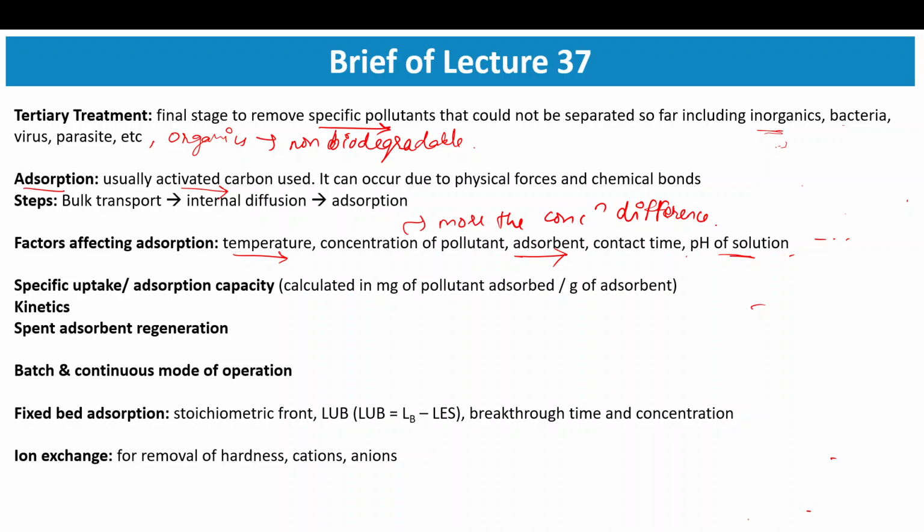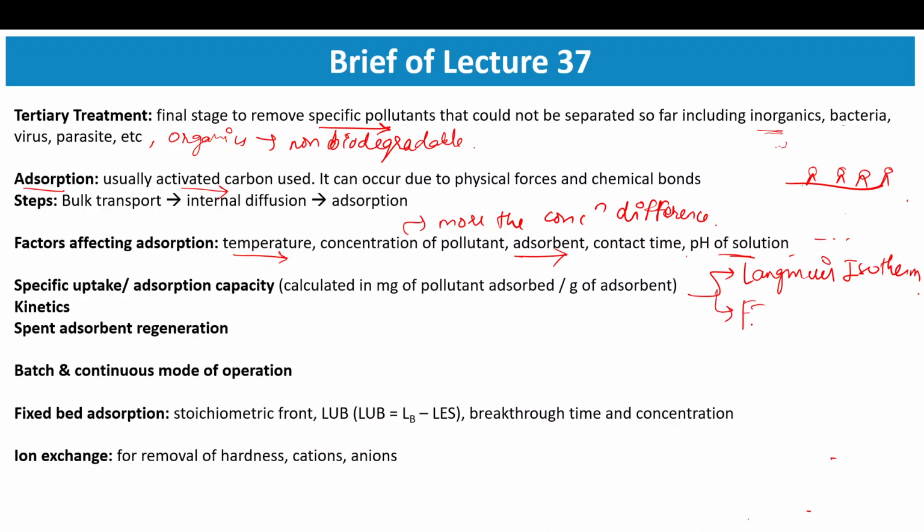This is the adsorption capacity, or the specific uptake, for that particular adsorbent. This is calculated through the isotherm fit, where we use the Langmuir isotherm to calculate the specific uptake, which assumes that on the surface of the adsorbent, which has these active sites, there is a monolayer formation of pollutant, and there exists a chemical bond between the pollutant and the adsorbent.